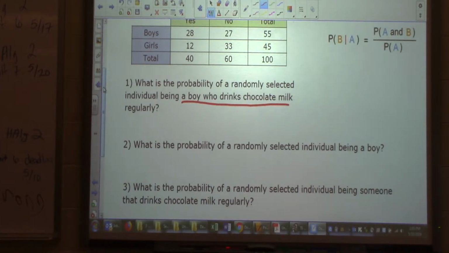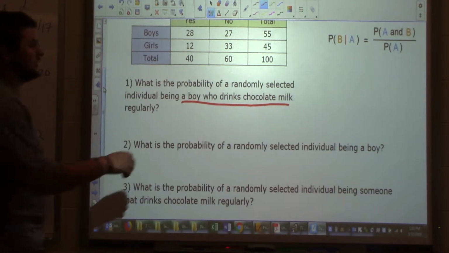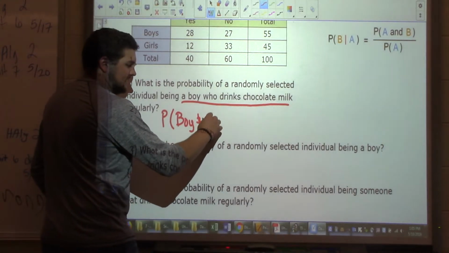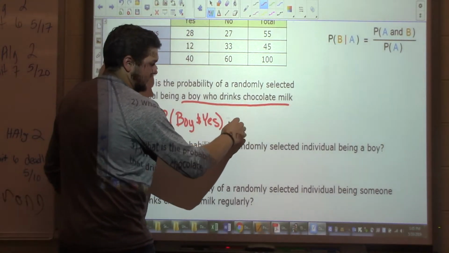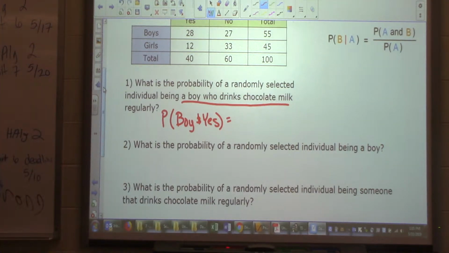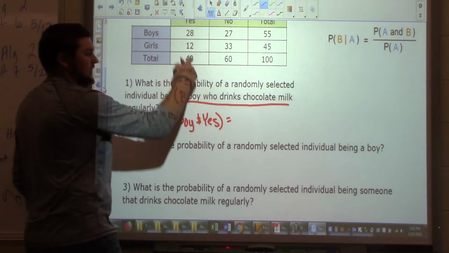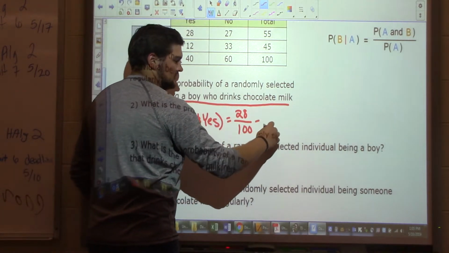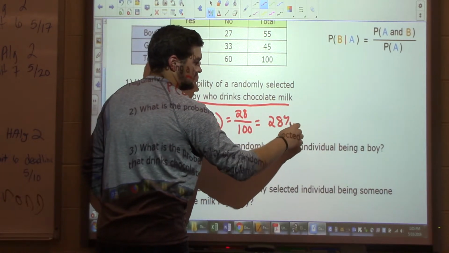So we want the probability of it being a boy, and they said yes. Well, how many boys said yes? 28. Out of how many total people who were surveyed? 100.